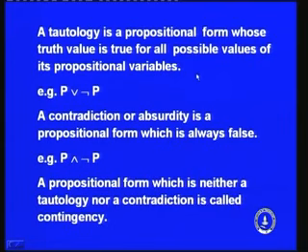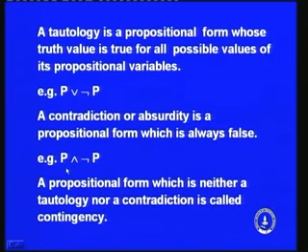The other way around, a contradiction or an absurdity is a propositional form which is always false. Take this expression P and not P. There are two possibilities, P is true or P is false. If P is true, not P is false, so this expression will be false because AND will be true only when both of them are true.